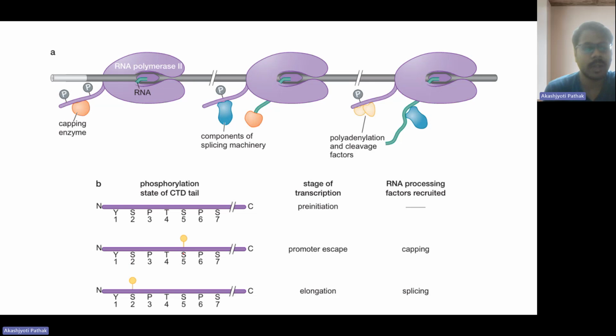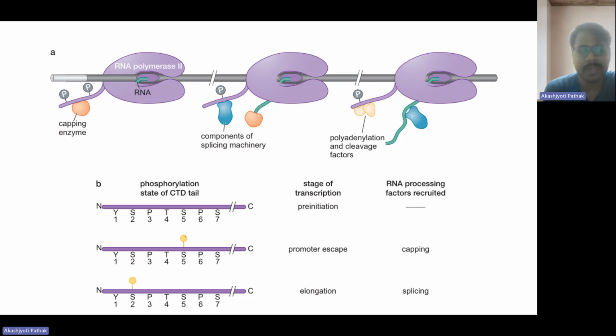So this is the pre-initiation step, in which none of the residues in the C-terminal chain is phosphorylated. Then the serine 5 is phosphorylated, and this phosphorylation is done by transcription factor 2H.